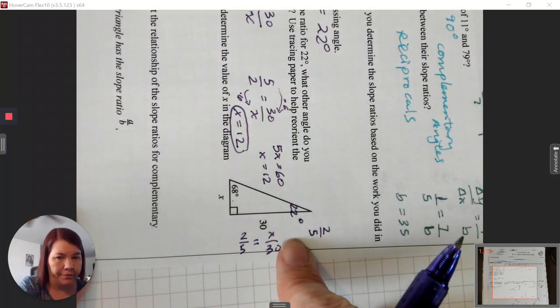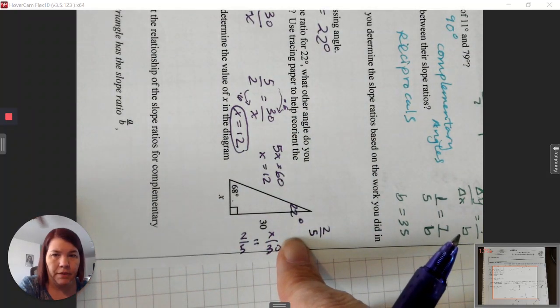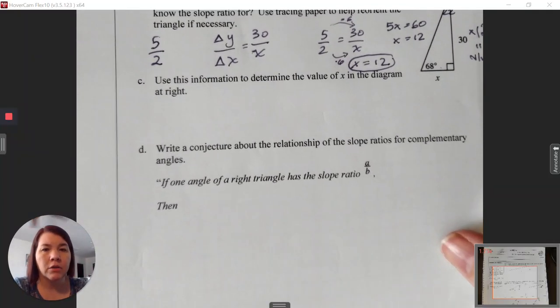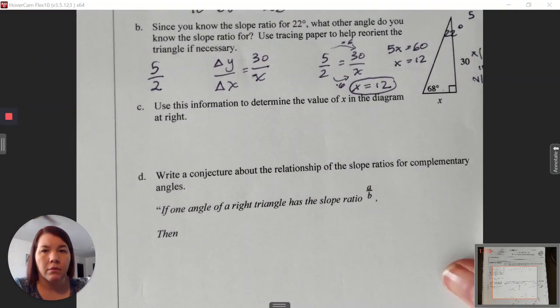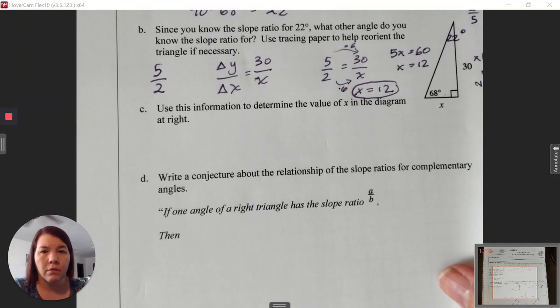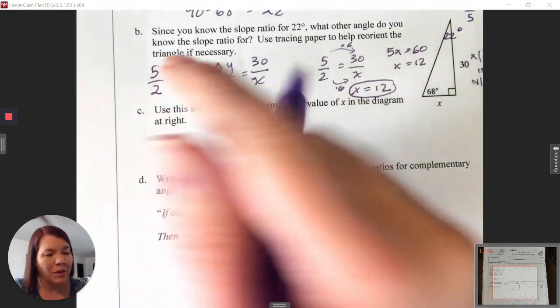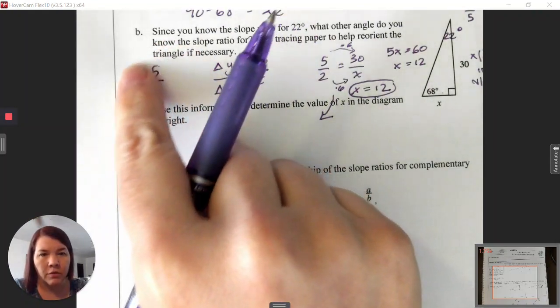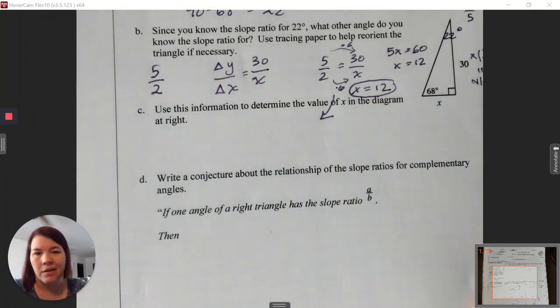All we've done is flip both fractions over. Same proportion. Use the information to determine the value. Because I did all of my work up here, all they were asking for is the 5/2, and then I went ahead and did all the work.